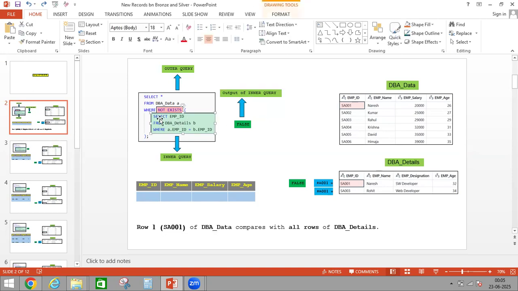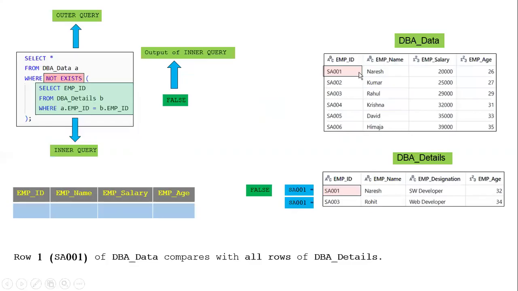So the output of this inner query is false, and that is the meaning. Now we'll see how we are getting false here. This is my table 1, this is my table 2. I have a total of 6 rows here and 2 rows here.